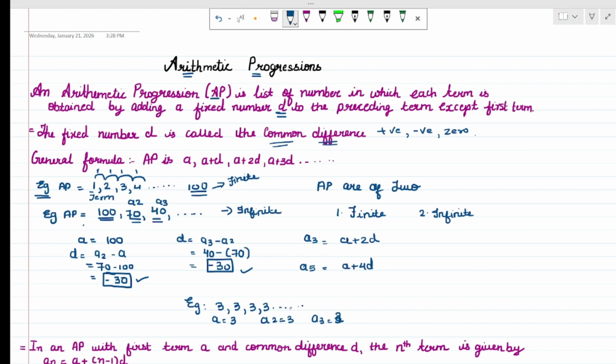All the terms here are 3, which means they follow a perfect order of 0. Their common difference is 0. If I add 0 to 3, it gives me 3, and if I subtract 0 from 3, it also gives me 3. If they follow the same pattern along the whole sequence, it is considered an AP. So this is also your AP, and the value of D here is 0.